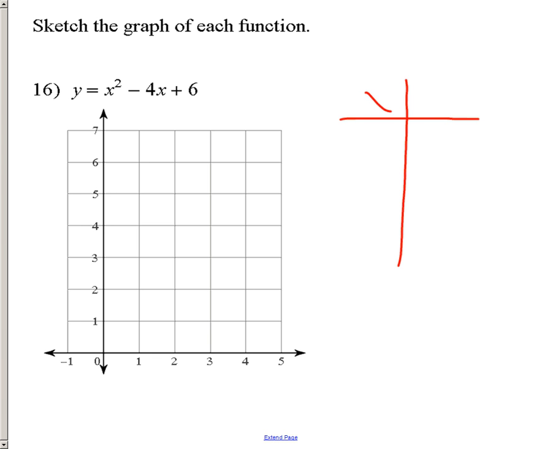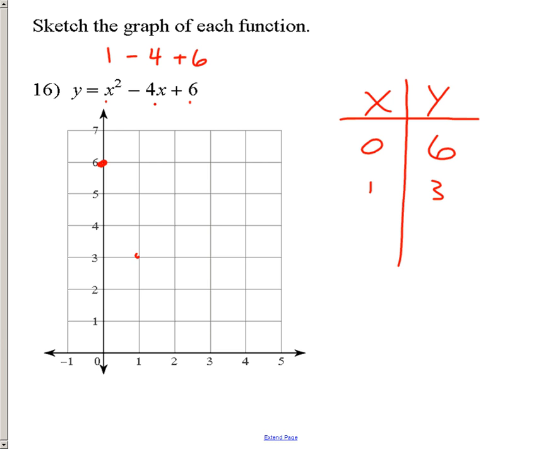But we could just do our old freshman graphing, t-charting, and for instance pick 0 for x, and we get 0 squared minus 4 times 0, 0 minus 0 plus 6, 6. And we'll just continue in that fashion. When I put in 1, I get 1 minus 4 times 1 plus 6, or 7 minus 4, 3.